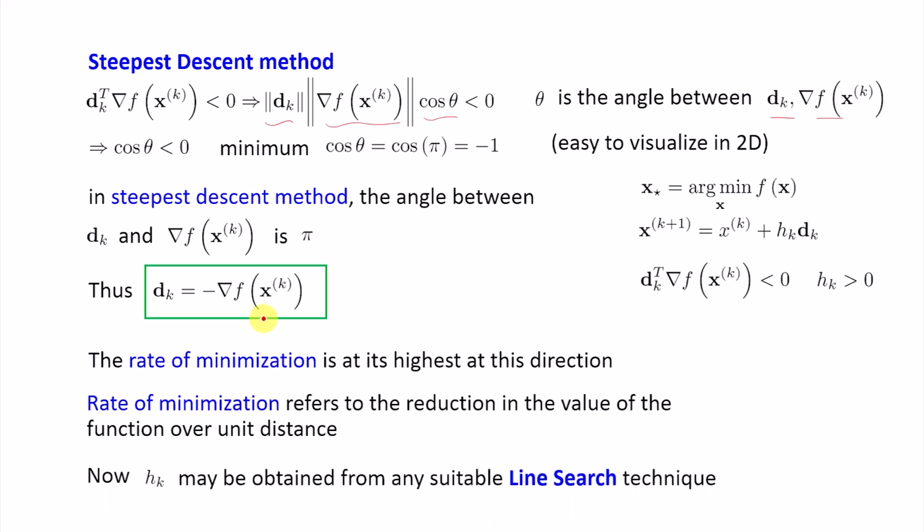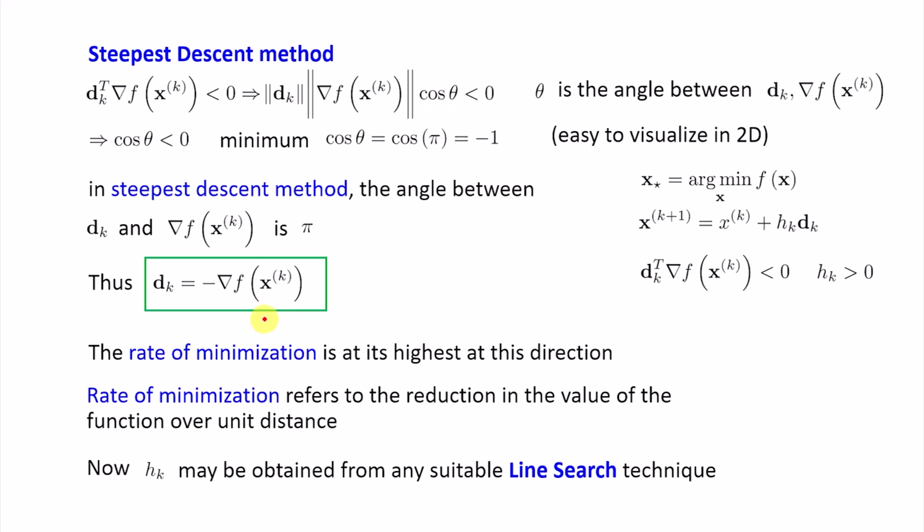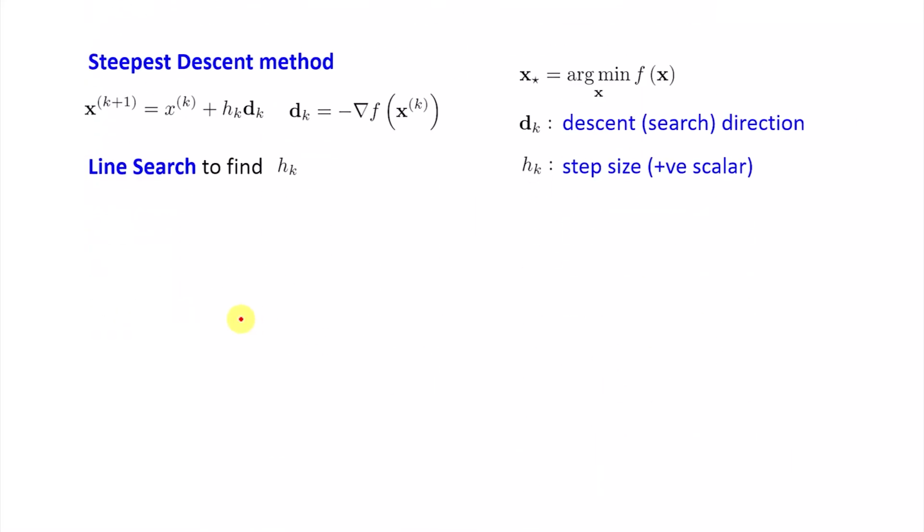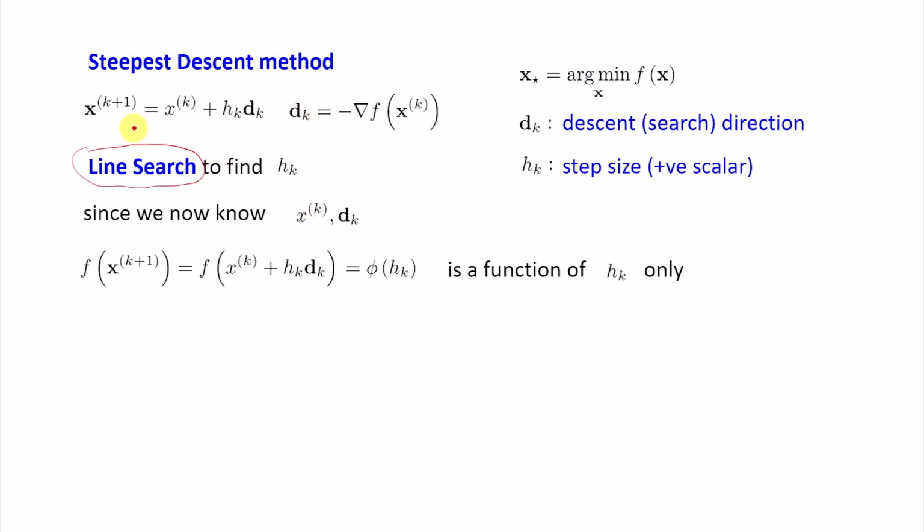Now, of course, we are left with the question of how to find hk. For hk, we have to follow a method of line search. There are many options for getting hk, and this school of methods is known as line search methods. So let us see what is usually used in steepest descent. Now when we are going to x(k+1), we already know xk, and dk we have just calculated, because we have decided that we will go against the gradient.